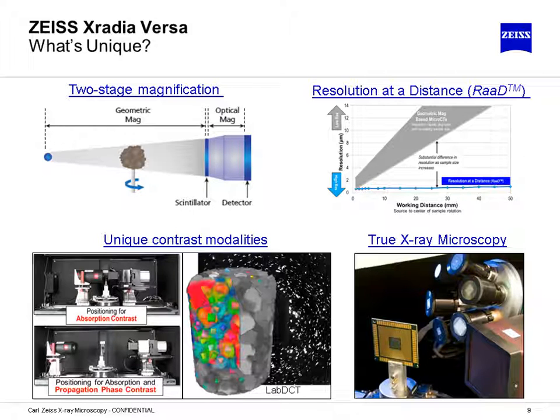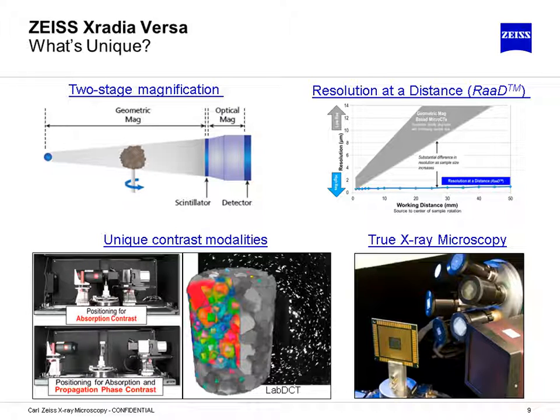Looking in the upper left-hand side, for those of you not familiar with the technique, we're essentially just sending X-rays through an object, which is then rotated on a stage. You typically rotate this through 360 degrees, and 2D radiographs are acquired.